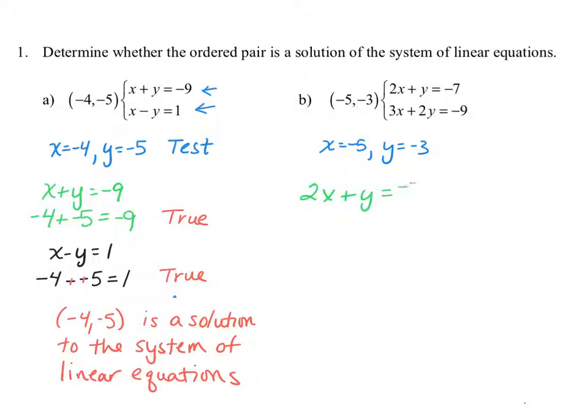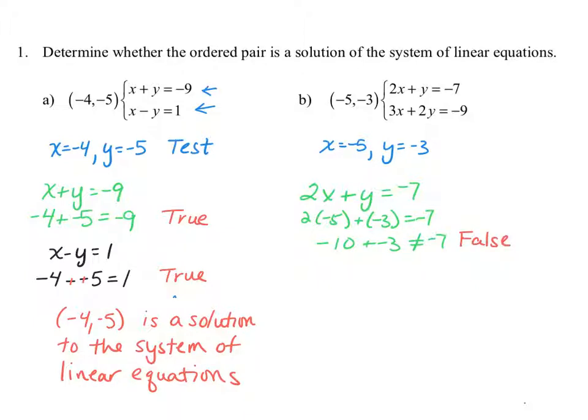Does that equal -7 when we plug in the given values? Does 2 times -5 plus -3 result in -7? 2 times -5 is -10, and -10 plus -3 unfortunately does not equal -7. So we say that this is false.